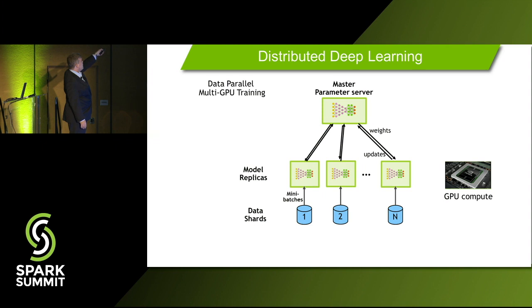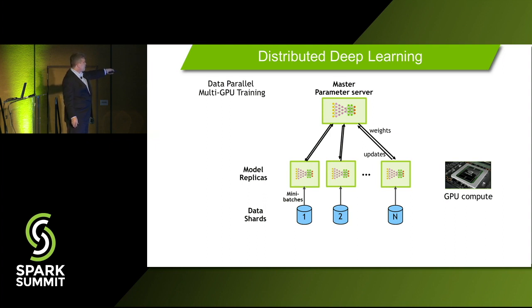What's called data parallel distributed deep learning works like this: you have a deep learning model and you have a master parameter server. You take replicas of that model and put them on n different workers, and you shard the data into n different subsets that are disjoint.